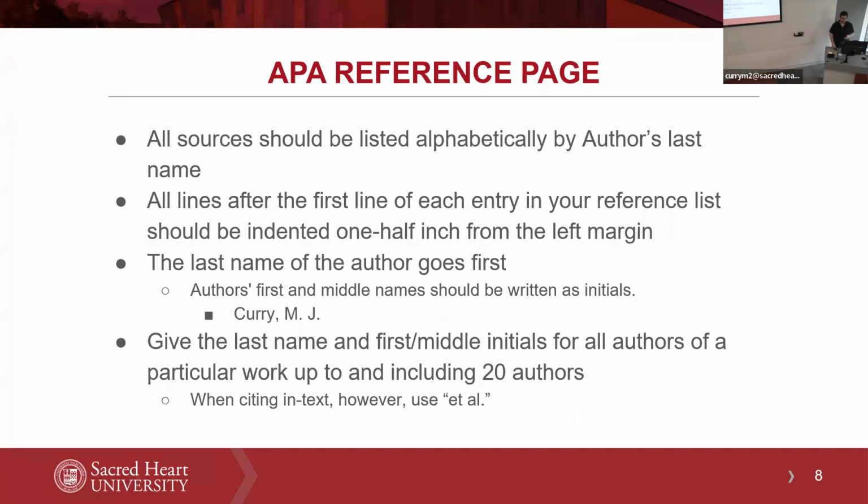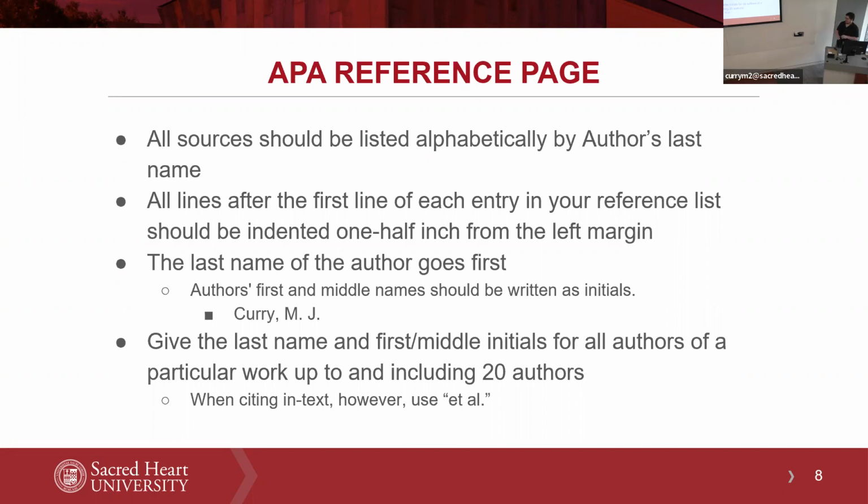So for example, if you have, I don't know, 18 or 19 authors for one source, in the reference page, you have to list every single author's name. Now, for in-text citations, you obviously don't have to do that. You just have to include the first author et al.